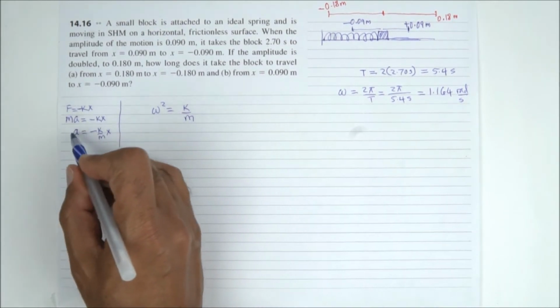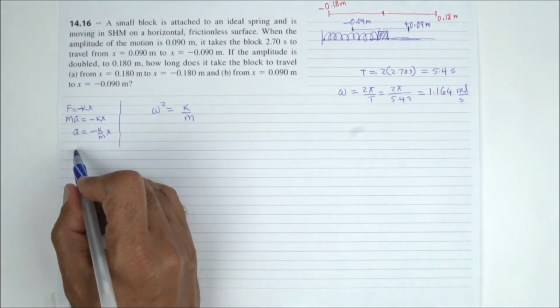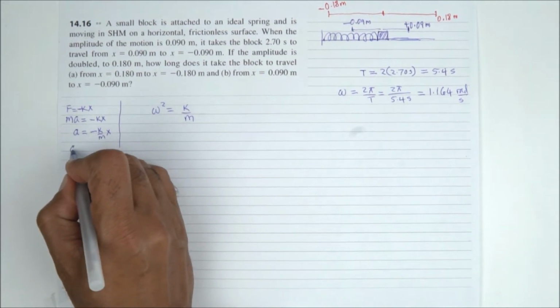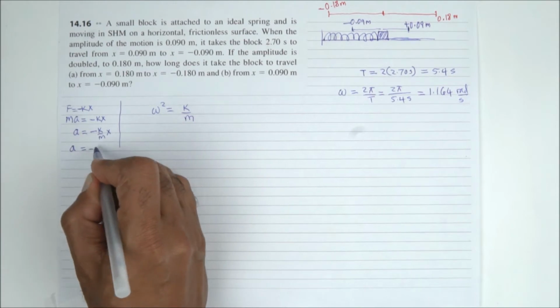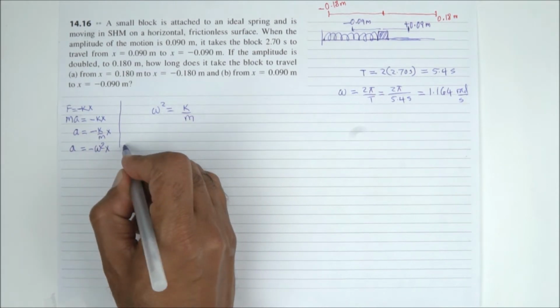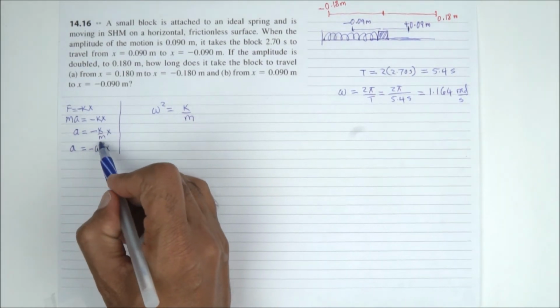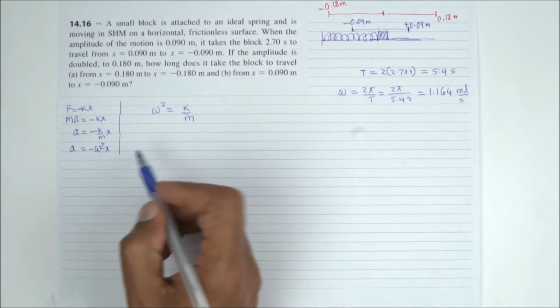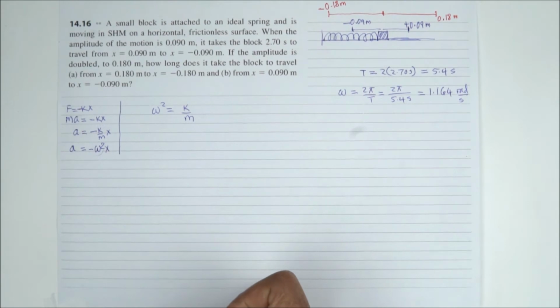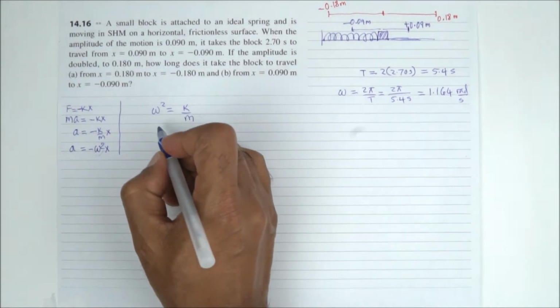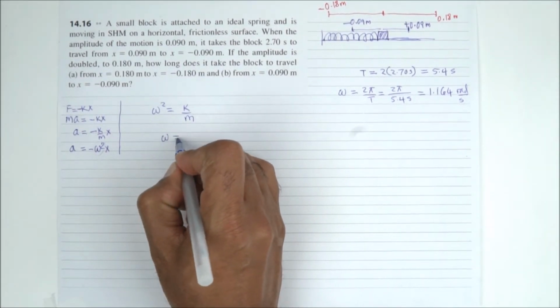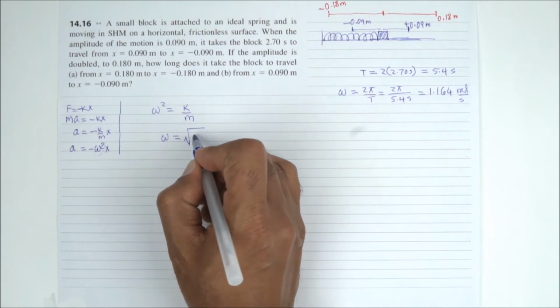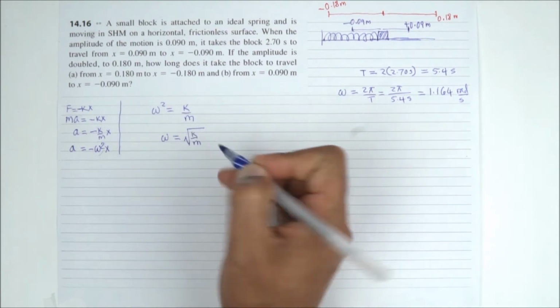If you compare this with the equation for simple harmonic motion, which is a equal to minus omega squared x, then you can compare k over m and omega squared. They are the same, so omega squared equals k over m. This omega is equal to the square root of k over m.